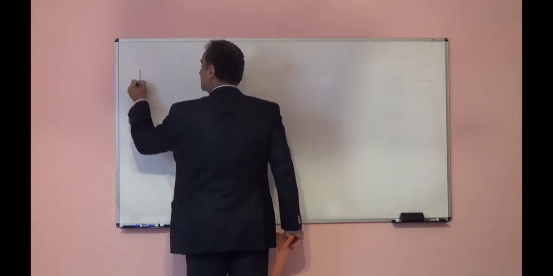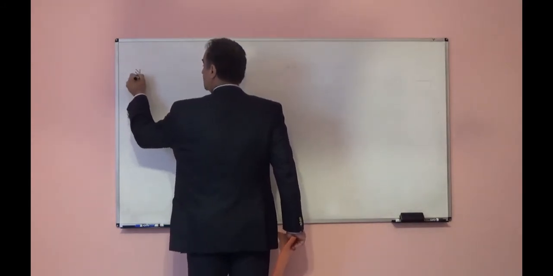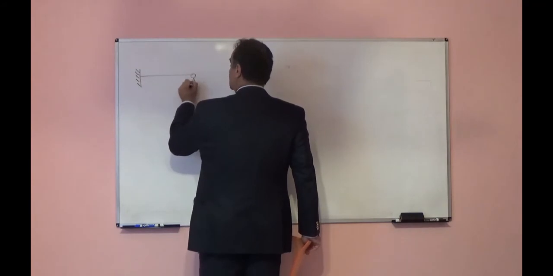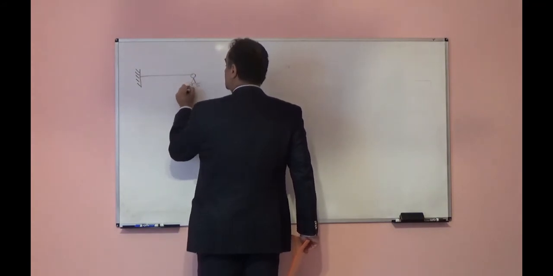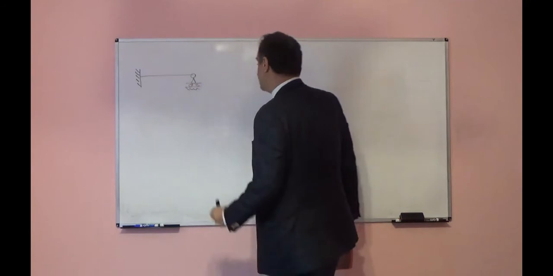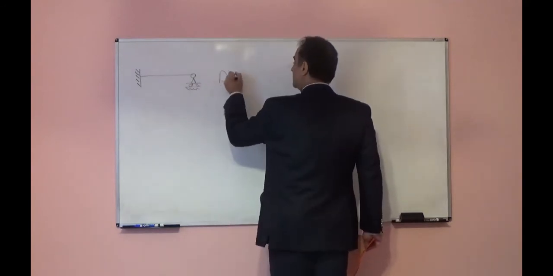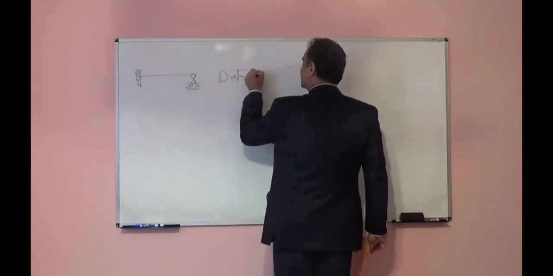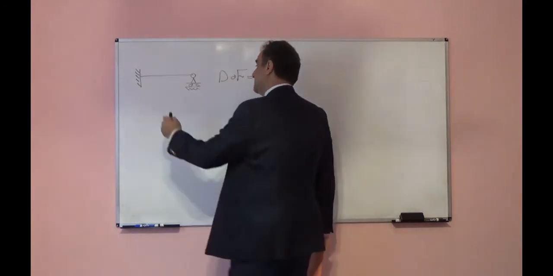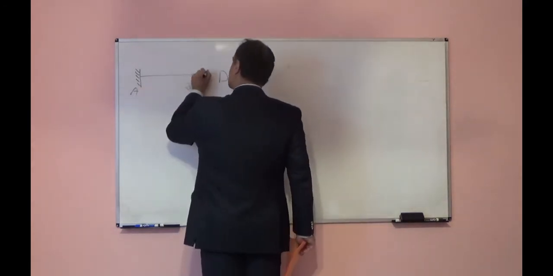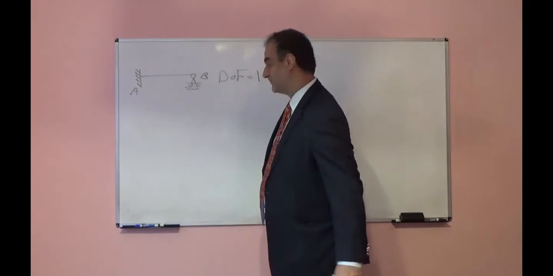Here, the degree of freedom is 1. Only joint B can rotate.